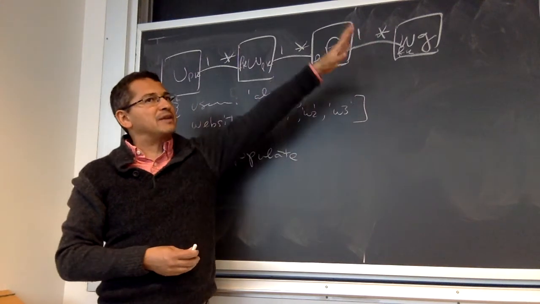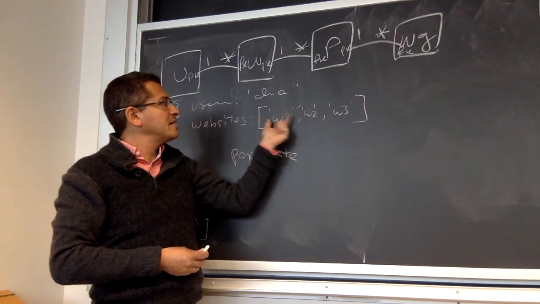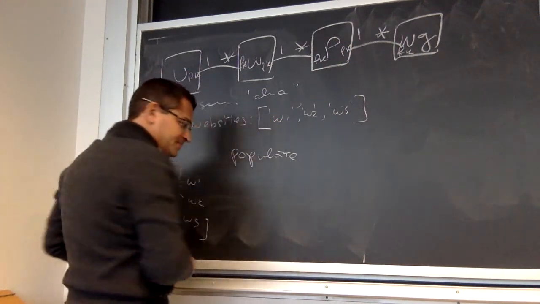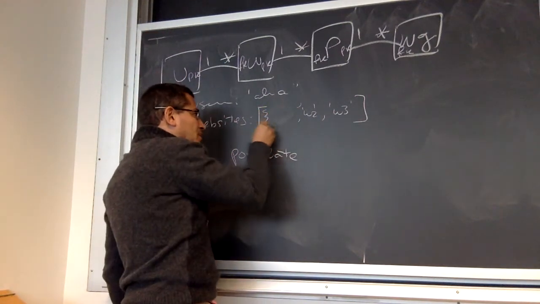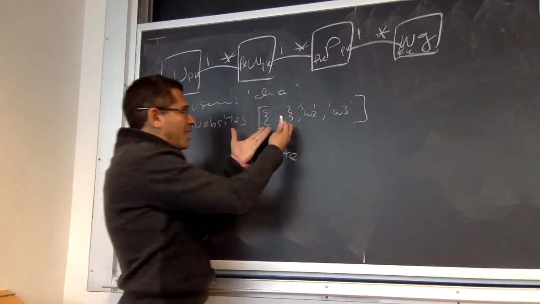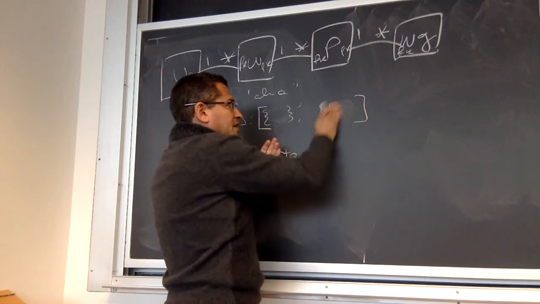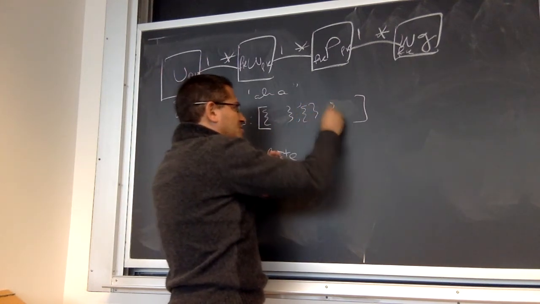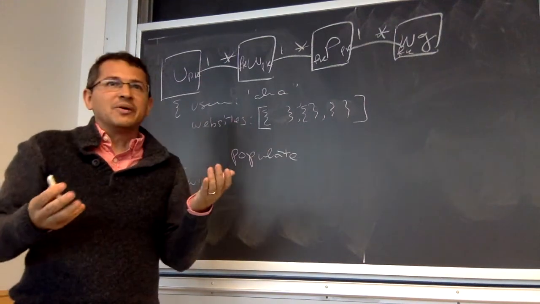Go again back to the database, fetch me the object that is referenced by this, and then replace this with the actual object. So now, if I populate this array, this won't be an array of references, it'll be an array of actual objects in there. Okay, almost like a join.